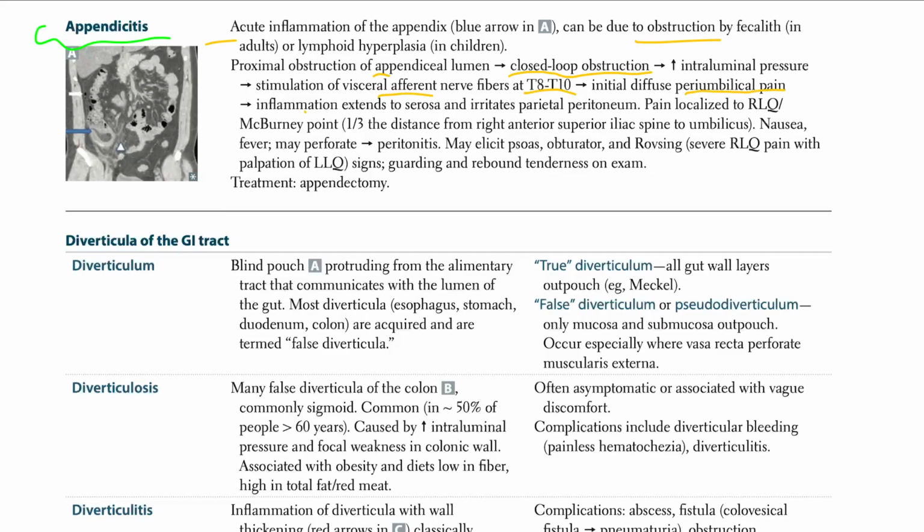If the inflammation extends to the serosa, it irritates the parietal peritoneum, and that pain is localized to the right lower quadrant, or McBurney's point, which is 1/3 of the distance from the right anterior superior iliac spine to the umbilicus.